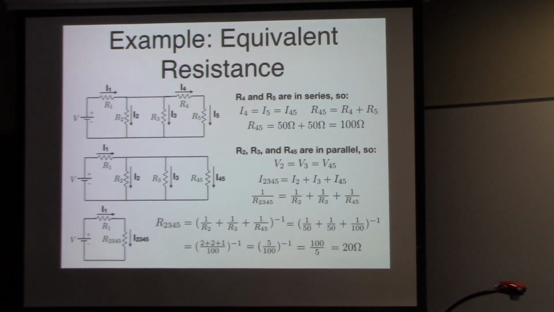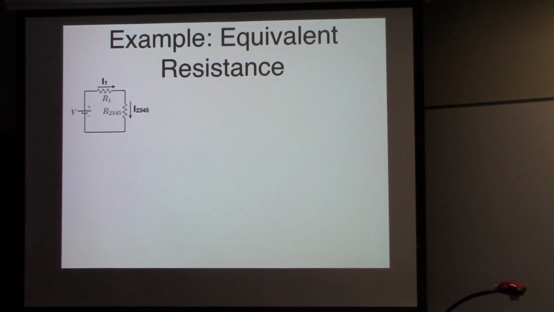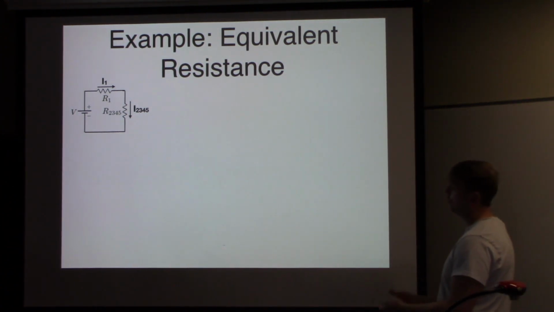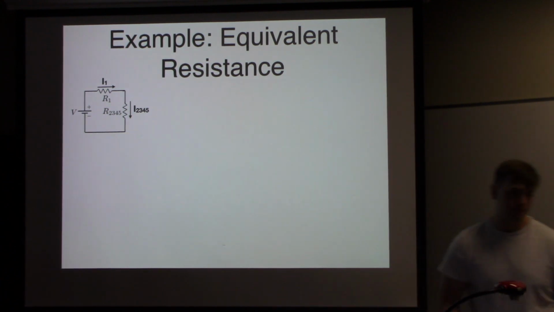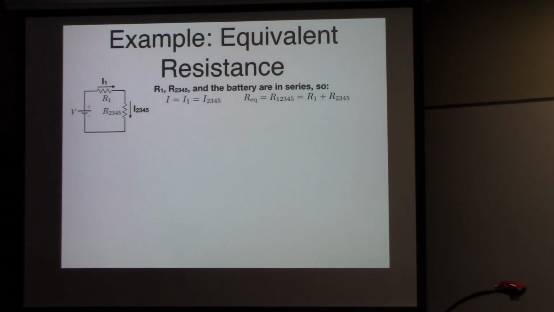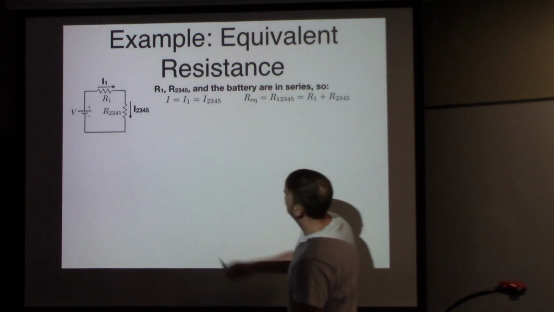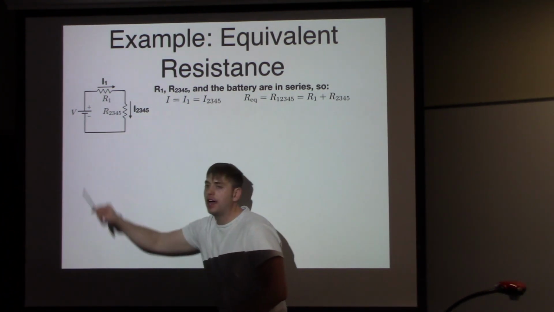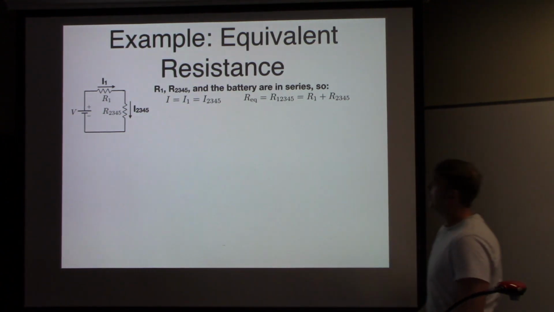Okay, so we'll keep going. That's the picture we have. Okay, just basically 2 resistors in series connected to a battery. And let's combine the last 2.